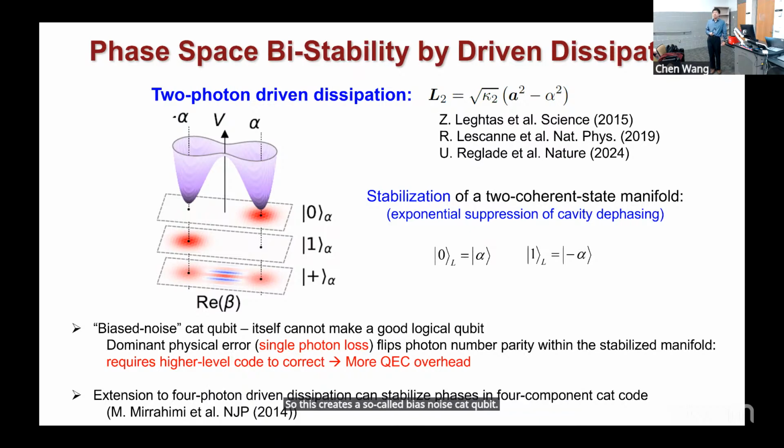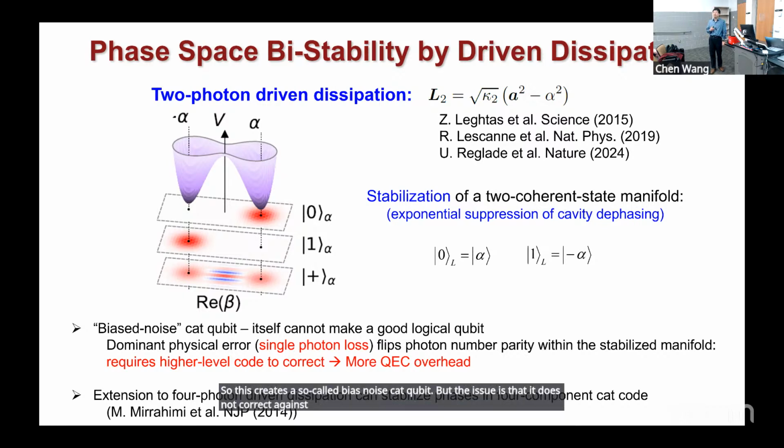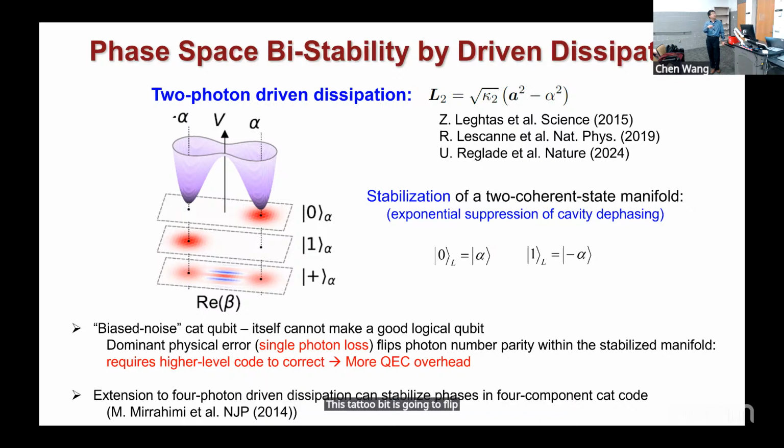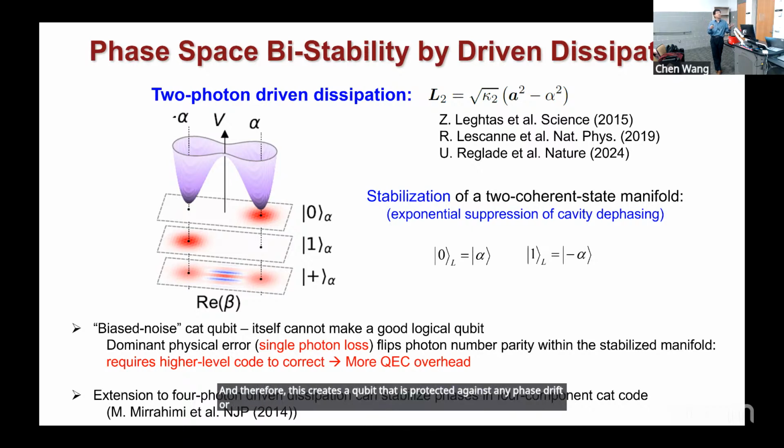But the issue is that it does not correct against the natural dominant error in a typical oscillator system, which is single photon loss. If you have a photon loss in the system, this cat qubit is going to flip in its interference fringes. Therefore this creates a qubit that is protected against any phase drift, or what we usually call the bit flip, but it doesn't correct against the phase flip error, which is actually the dominant error in a typical superconducting oscillator or optical cavity.